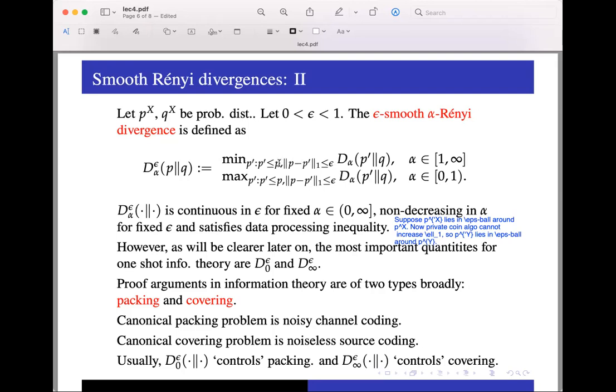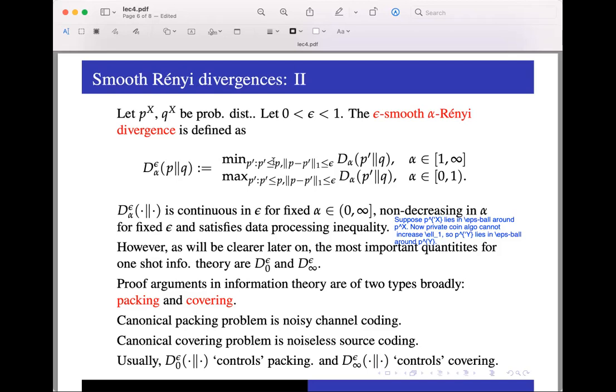Or in other words, P dominates P prime pointwise. So this makes P prime into a positive vector, but it's not a probability distribution simply because the summation of P prime of x in general will be strictly less than 1. So P prime is what is called a probability subdistribution.